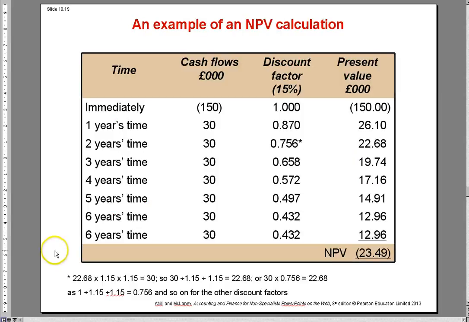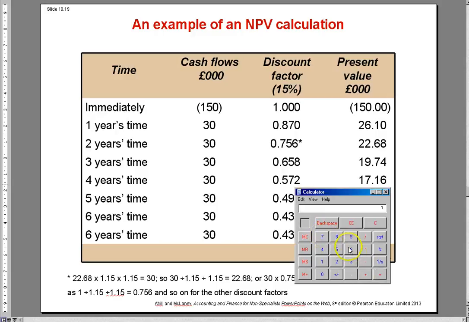So here we have an example of a net present value calculation. In this one we've got a discount factor of 15%. That's our interest rate, our cost of time, and these are calculated as the present value of £1 in 1 year's time, 2 years, 3 years, and so on. So we can just check that.